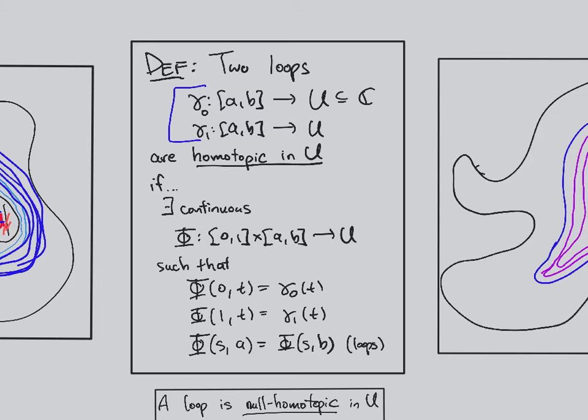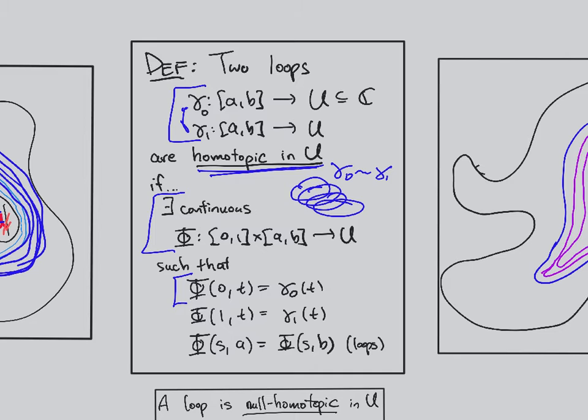So there'll be loops, but their starting points don't have to have any relationship to each other. They'll be homotopic in U, and we'll just say loop homotopy if we need to be specific, if something similar happens: there exists a phi that takes you from gamma naught to gamma 1 in a continuous fashion with a bunch of loops.